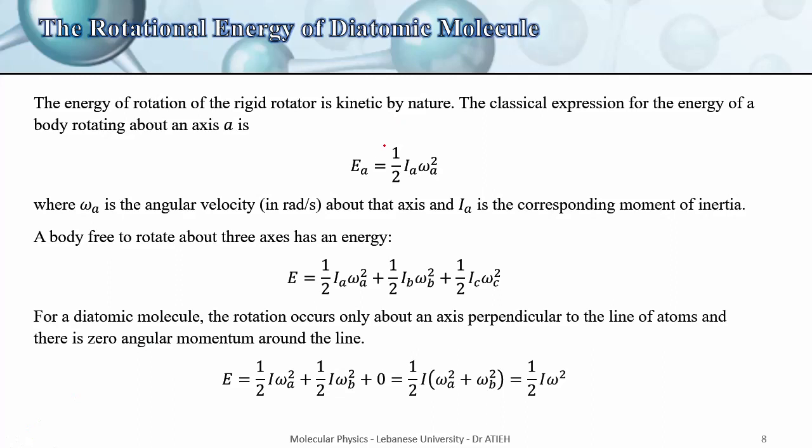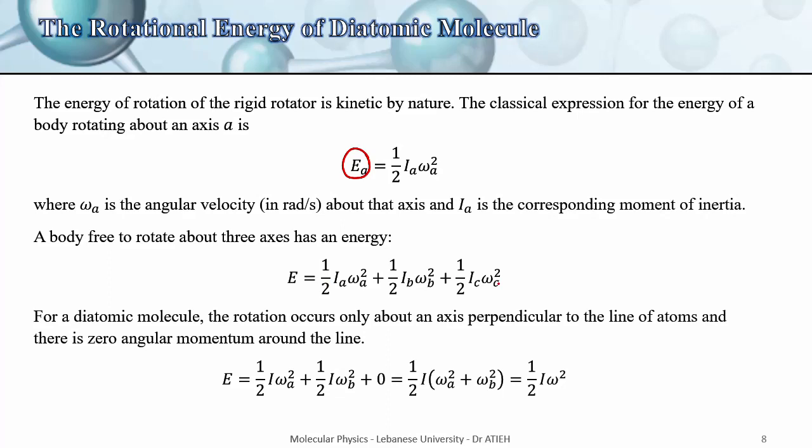So the energy about an axis A is equal to half IA omega A squared, where omega A is the angular velocity. It has a unit of radians per second about the axis of rotation, and IA is the moment of inertia about the same axis.